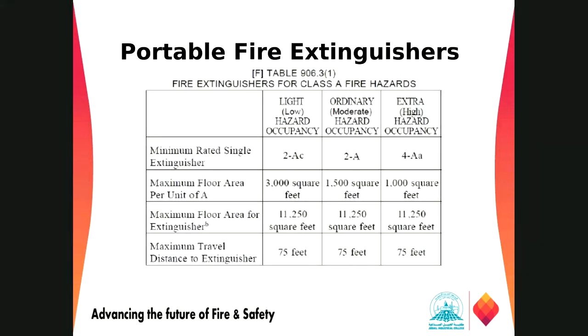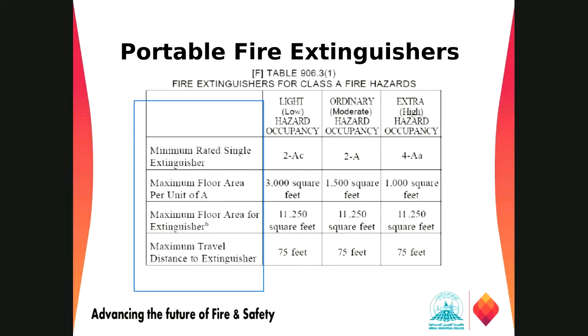The first column is for the general information: the ratings, floor area, and maximum travel distance. The second column is for light hazard occupancies, the third is for ordinary hazard occupancy, and the last is for extra hazard occupancy.